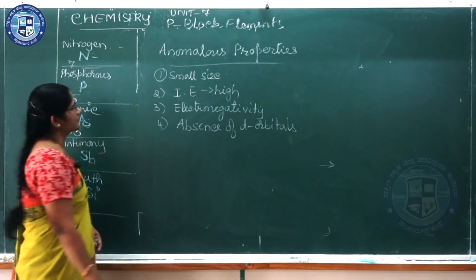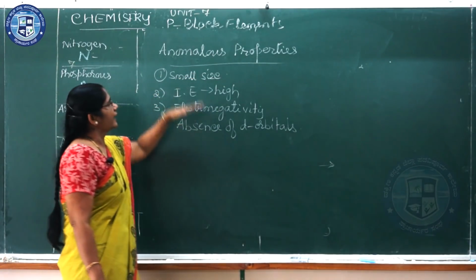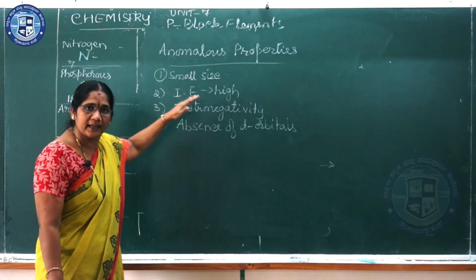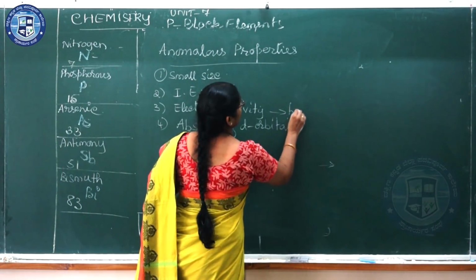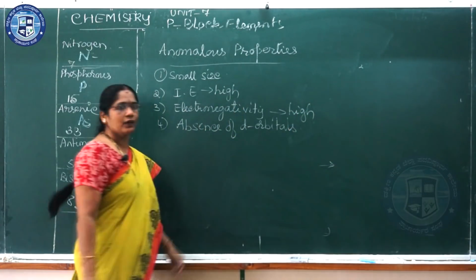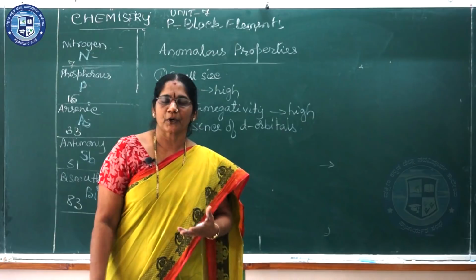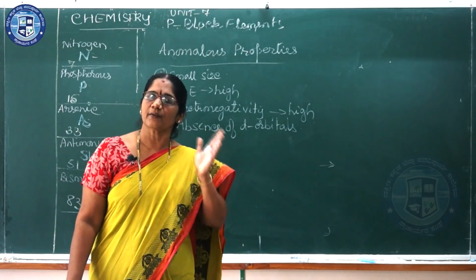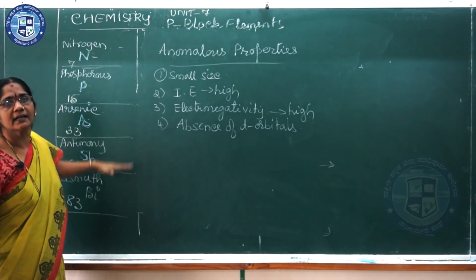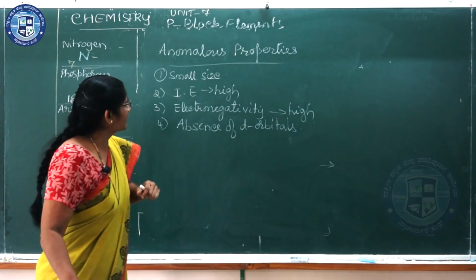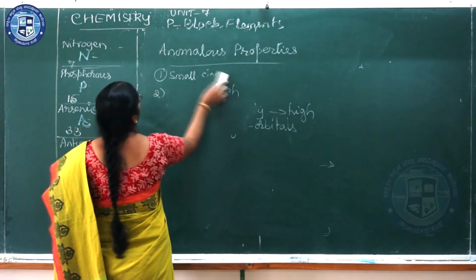So due to all these, very small size, high ionization enthalpy, high electronegativity and absence of d orbitals, nitrogen shows some different properties compared to other elements in the group. So we will see what are these anomalous properties.